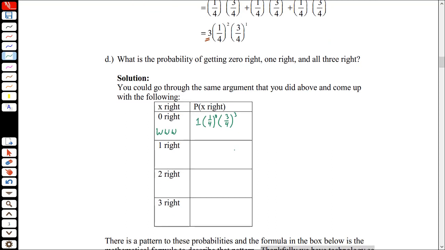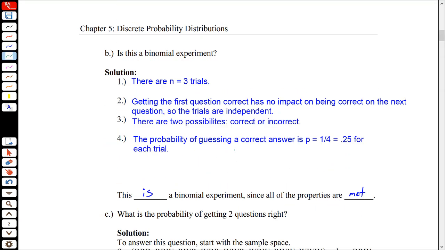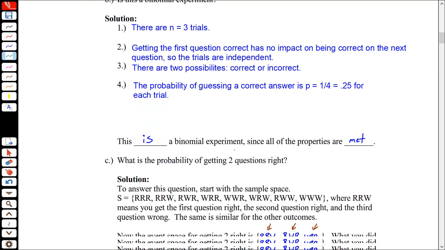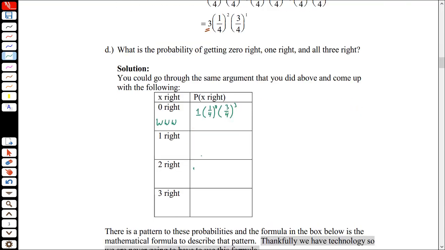Getting 1 right, it's going to look a lot like getting 2 correct answers. Because if I look at my sample space, 1 right has 3 possibilities. And in all 3 of those, I'm going to have 1 correct and 2 incorrect. 2 right we already did: 3 times 1/4 squared, 3/4 to the power of 1.